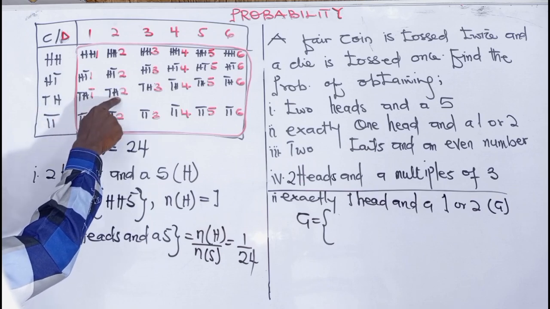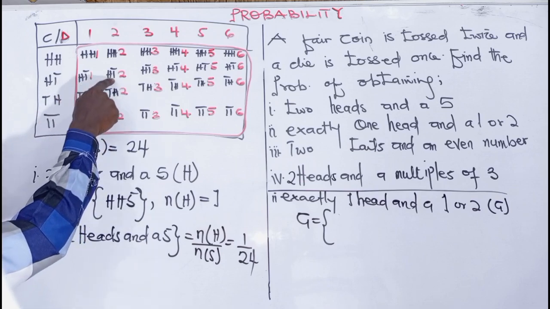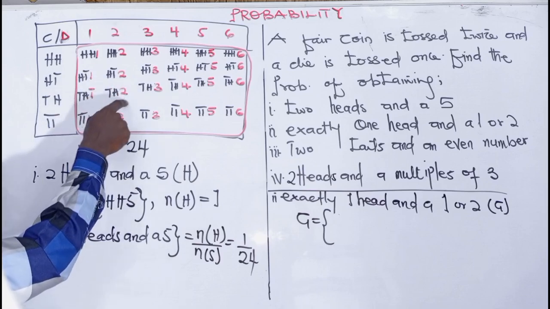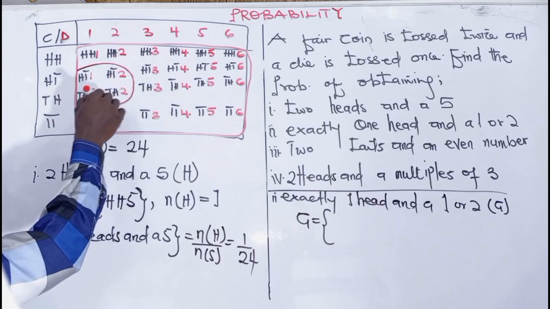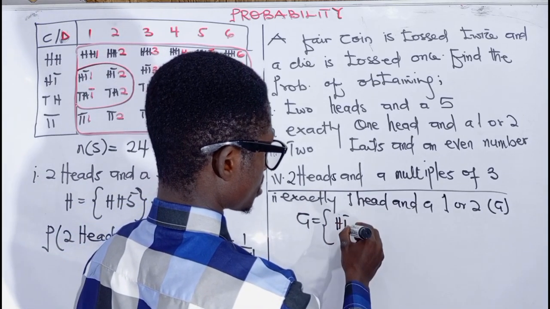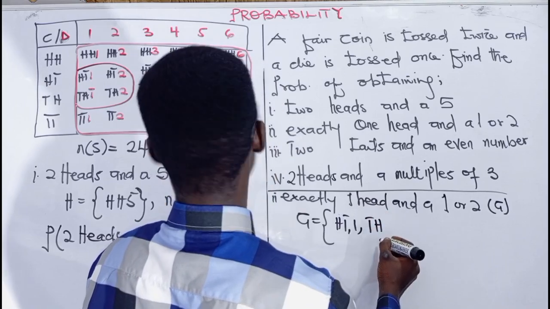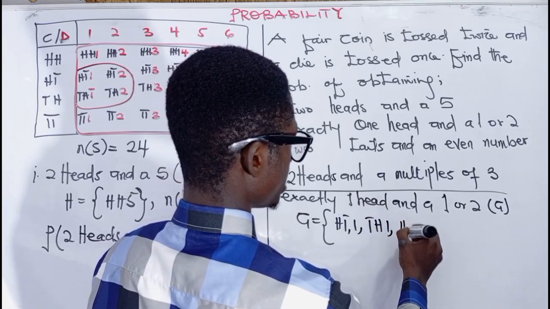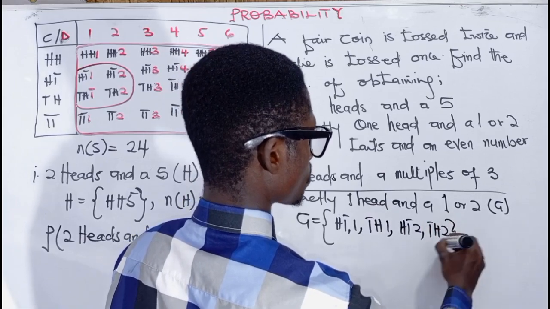So we are going to pick HT1, HT2, TH1 and then TH2.